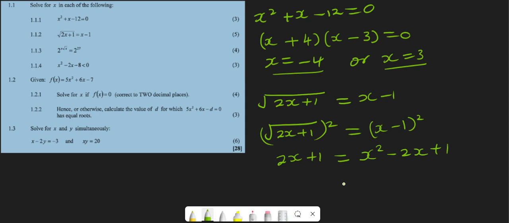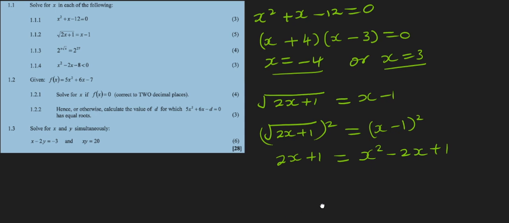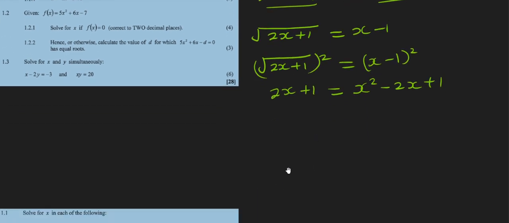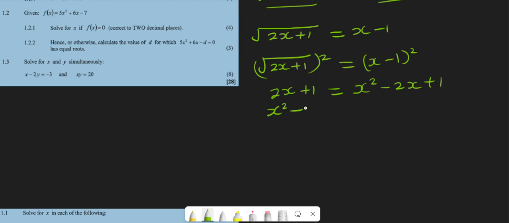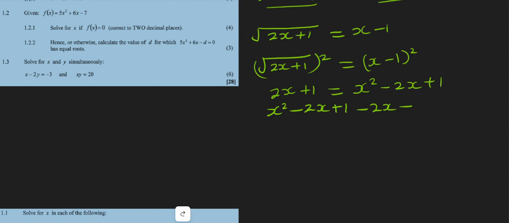Then we need to take everything to one side, it could be the left-hand side or the right-hand side. It is essential for a grade 11 learner to do that, because if you take everything to one side, simplify, and equate it to 0, you are going to get a mark for that, and they call it standard form.